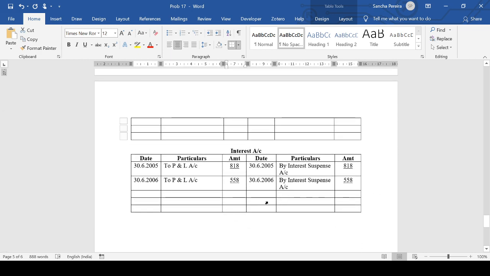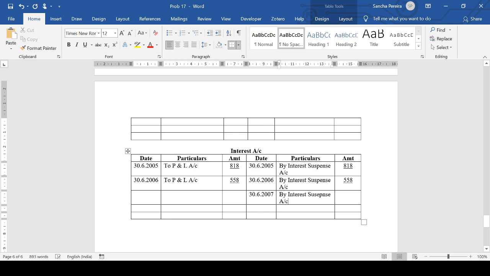Similarly, here you will have 30th June 2007 by interest suspense account 274.